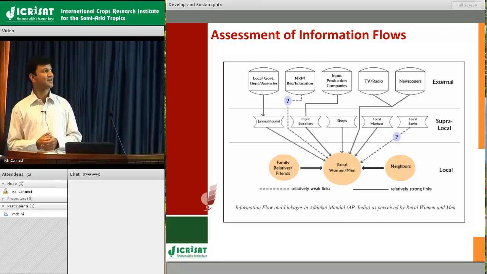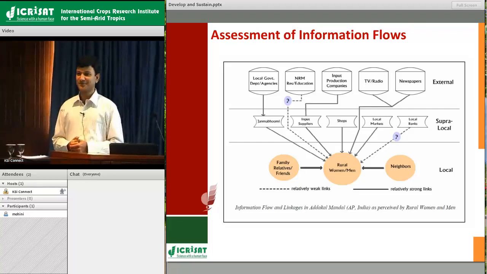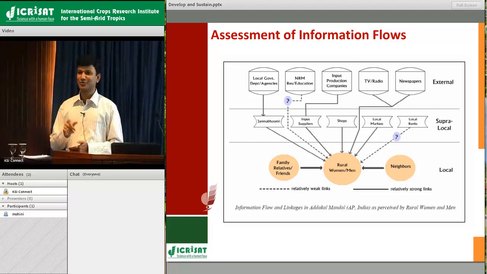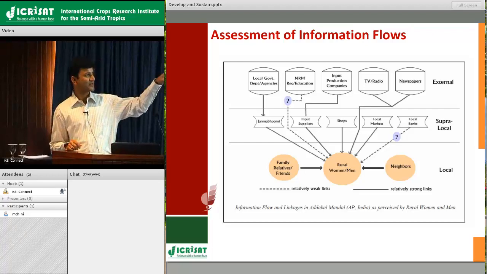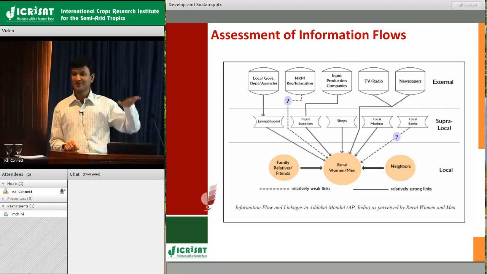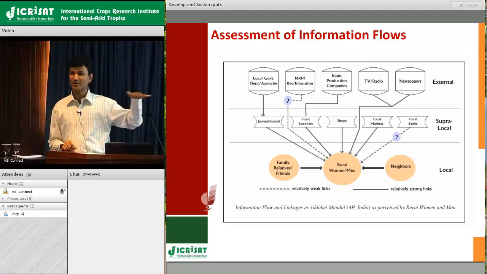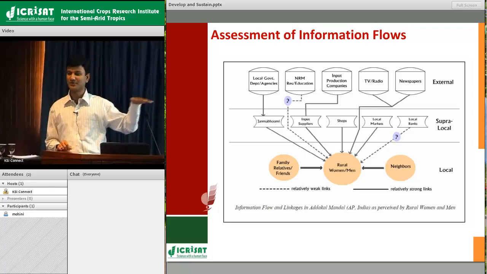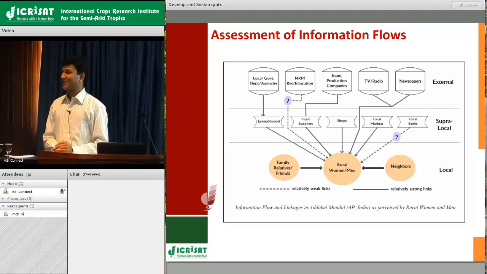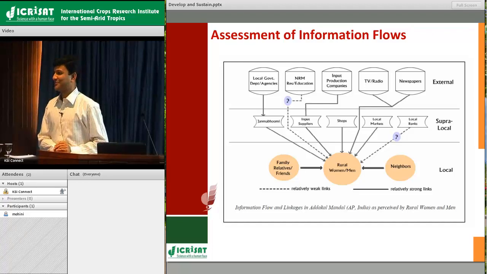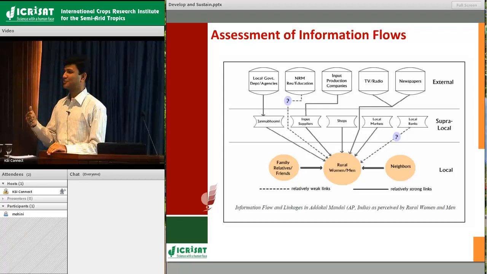If you look at the weak links, most of the farmers satisfy their information or educational needs by approaching fellow farmers, like neighbors, family friends or relatives. These are the horizontal information flows. These were very strong. But most of these people are not very well aware of modern scientific practices, because they learn by trial and error.